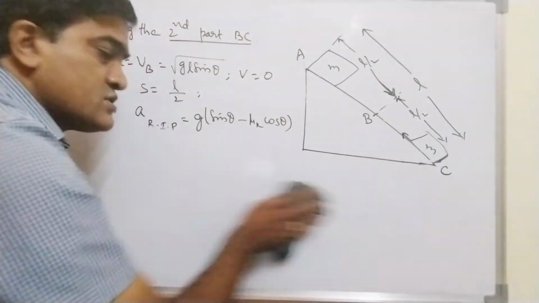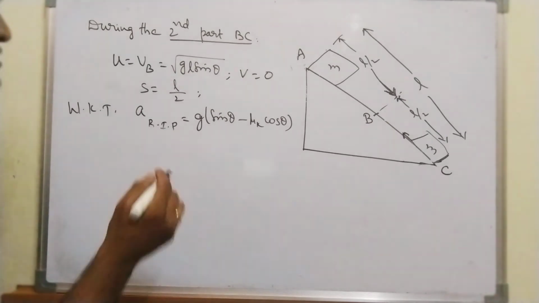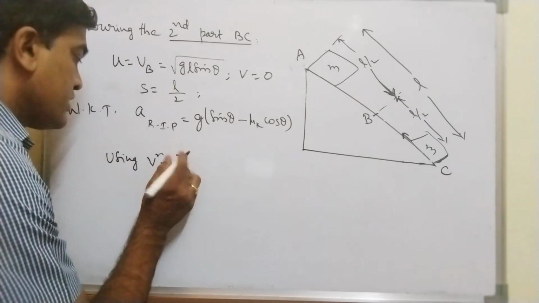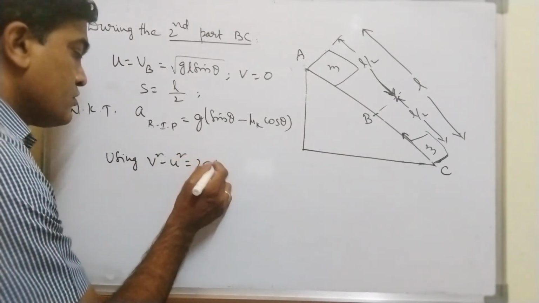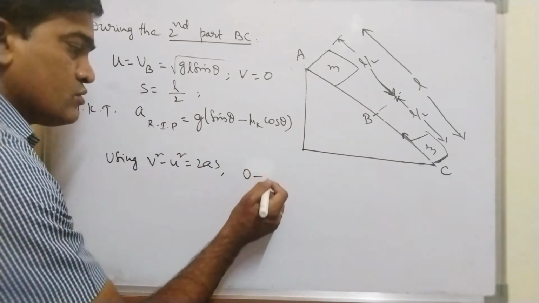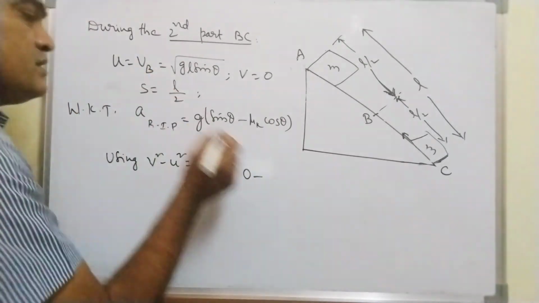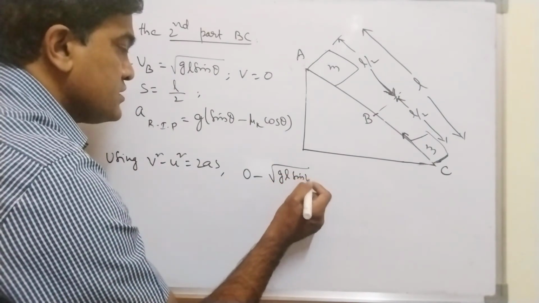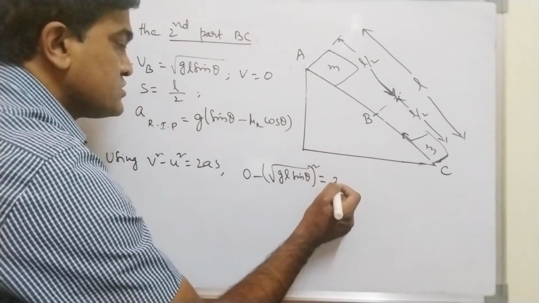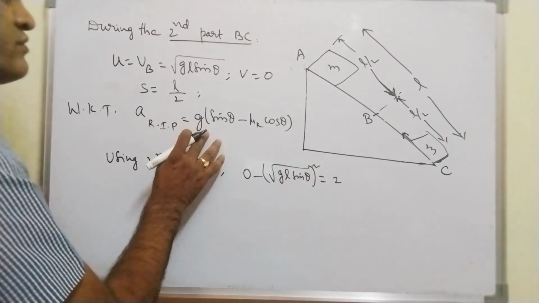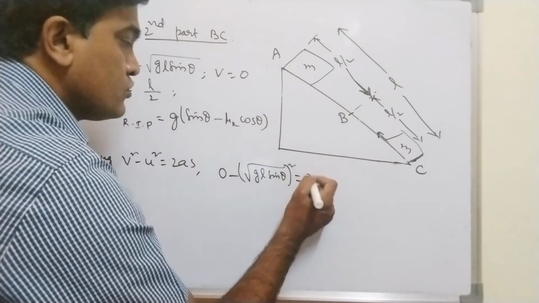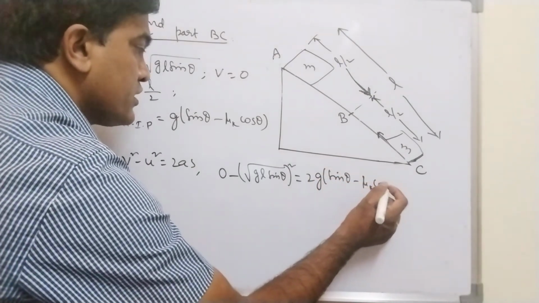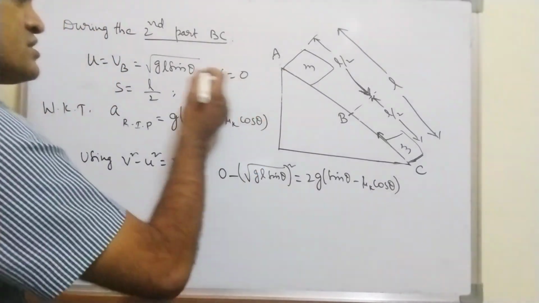In v square minus u square is equal to 2as, what will I get? V is 0. Minus u is nothing but vB, which is root over gL sin theta, whole square, is equal to 2 into, what is your acceleration? 2 into g into sin theta minus mu k cos theta into distance traveled, which is L by 2.